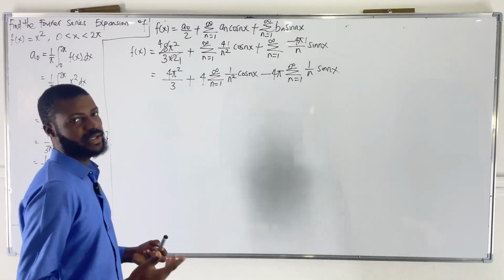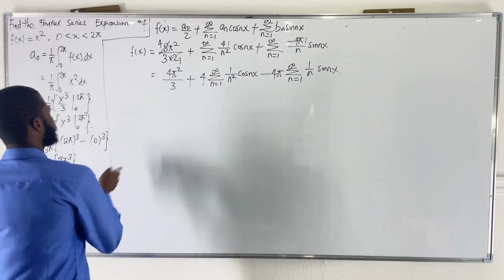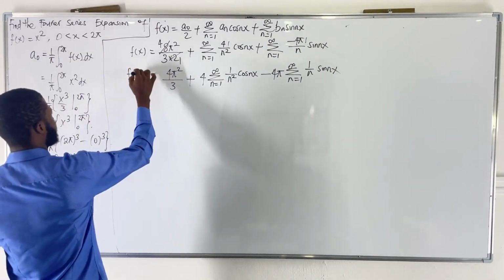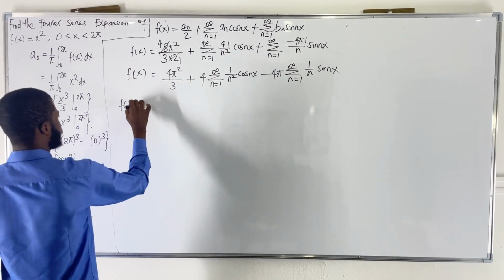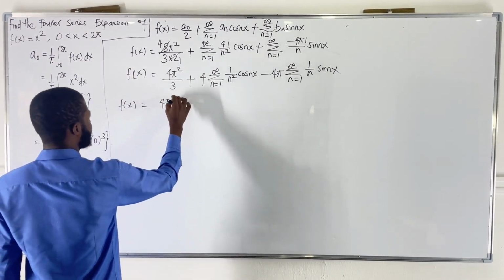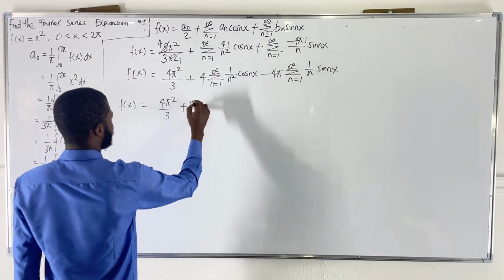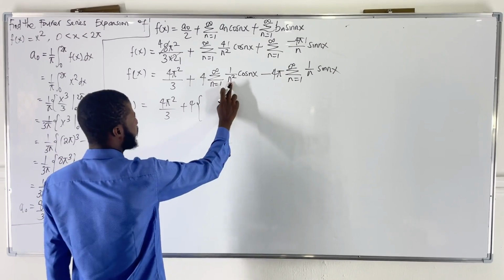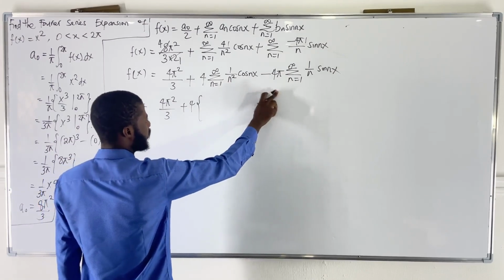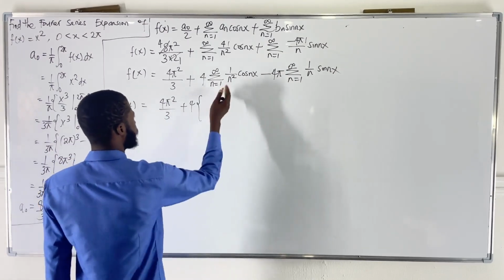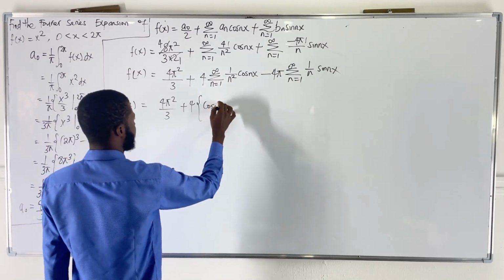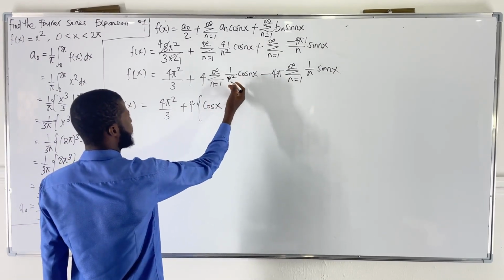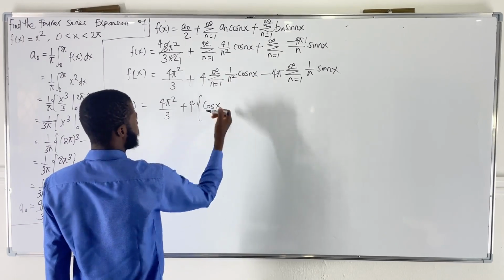But let's try to simplify a little bit. Let's write some terms inside. So f of x will then become 4 pi squared over 3 plus 4. Let's open up a bracket. Anywhere we see n, we're going to be putting 1, 2, 3, 4, 5, just like that. So let's put in 1 here. This will just be cos x, because 1 over 1 is still 1, and cos 1x is just cos x.